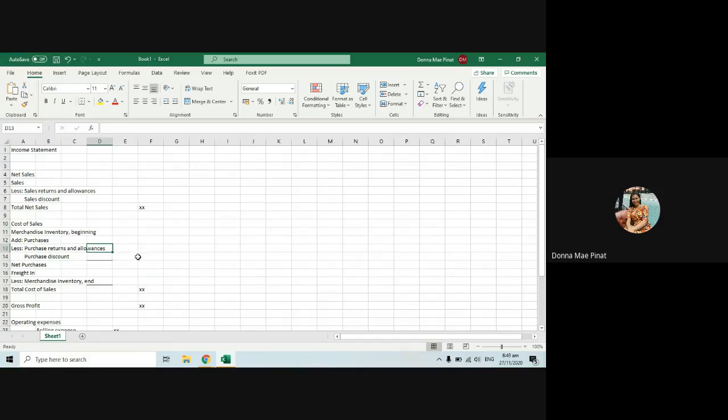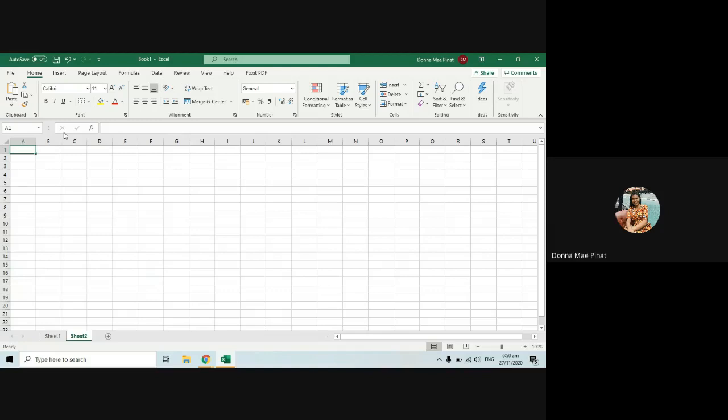So now, let's try some common transactions in a merchandising company. So guys, in a merchandising company, it's about tax.